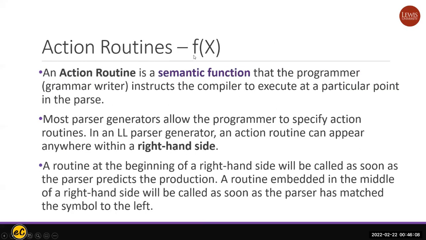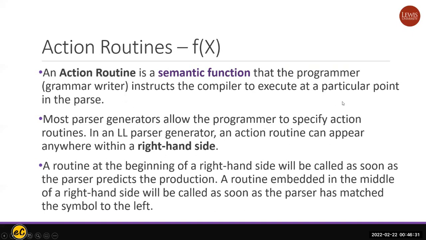So action routines. An action routine is a semantic function that a programmer instructs the compiler to execute at a particular point in the parsing. Most parser generators allow the programmer to specify action routines. In an LL parser generator, an action routine can appear anywhere within the right-hand side.